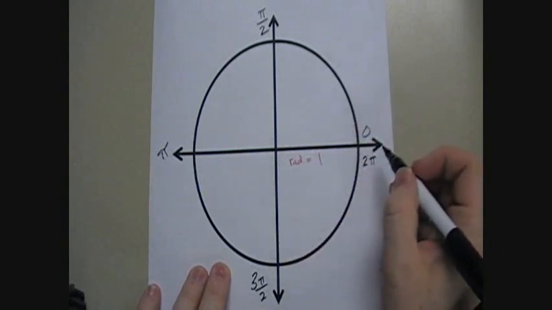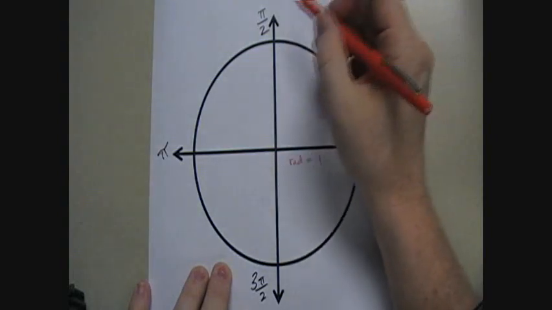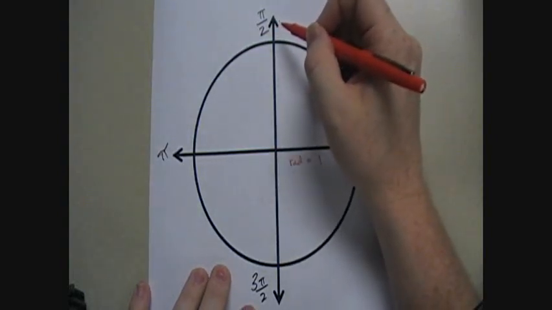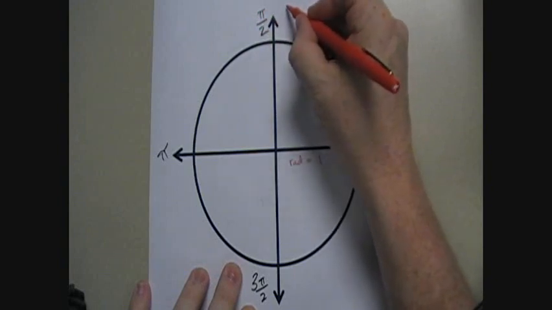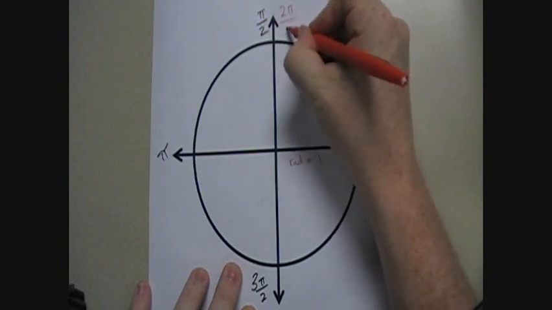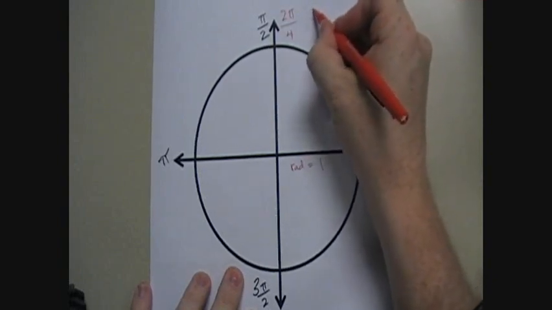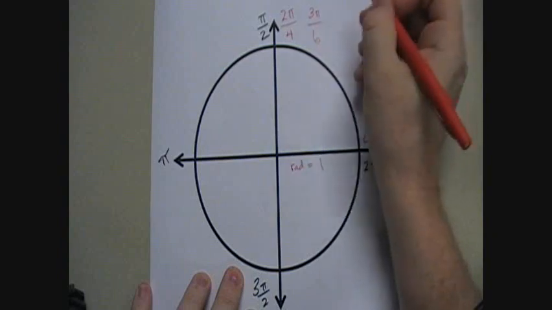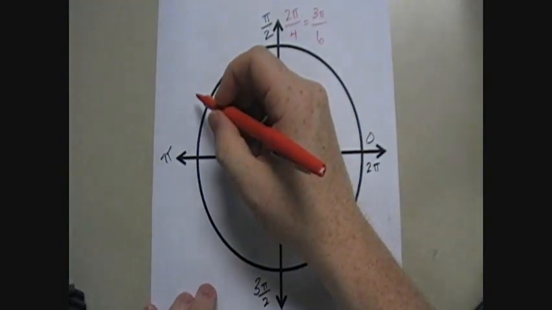Now, that's really nice, but sometimes it's helpful to also know some multiples beyond that, some unsimplified forms. For example, this isn't only just pi over 2, it's also 2 pi over 4. You see that of course would simplify to pi over 2. It's also 3 pi over 6. Okay, these are all equal, and I'll explain why that is helpful later.